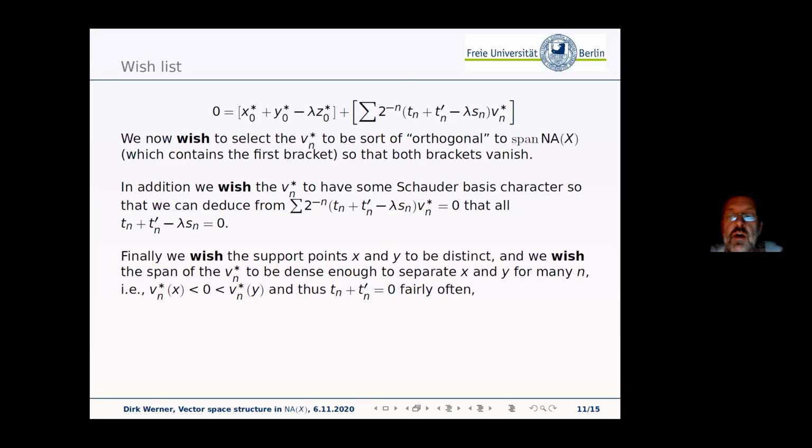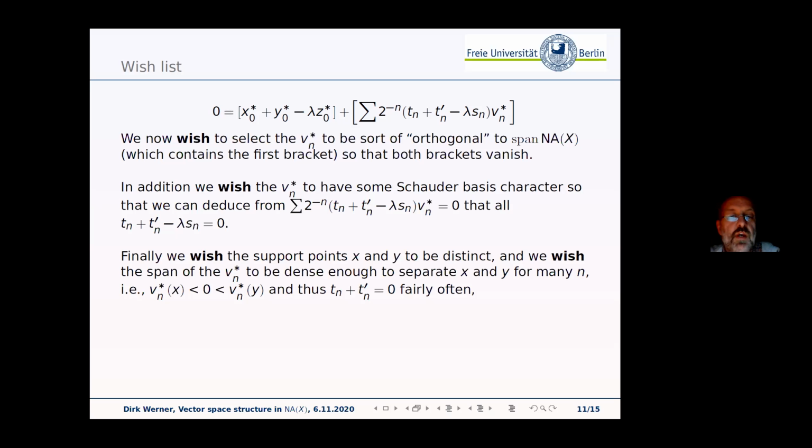And now for two wishes, we had two support points, one belonging to x naught star, one belonging to y naught star, and we can't conclude that they are distinct. They might be the same, but let's wish that we are in the lucky situation where they actually are distinct.